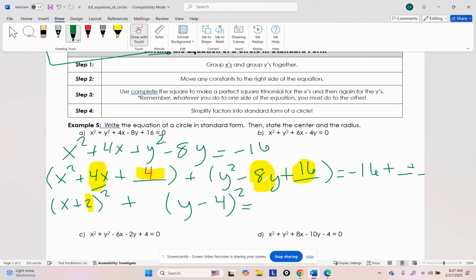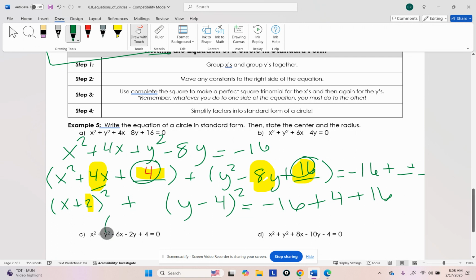So now that's going to equal negative 16, which was already on this side, we moved it, and we're going to add these two numbers to that. So negative 16 plus 4 plus 16 is going to equal 4.